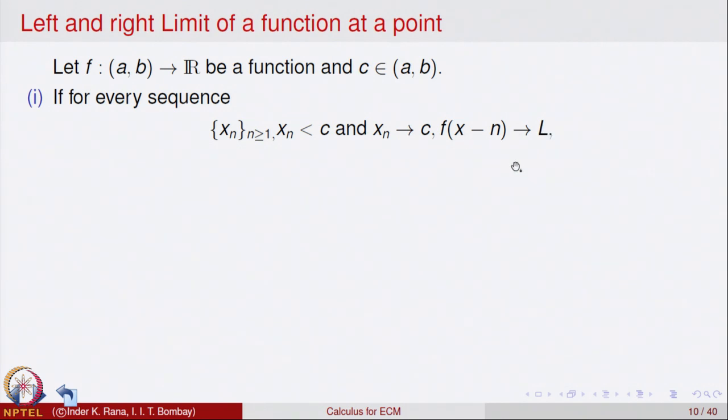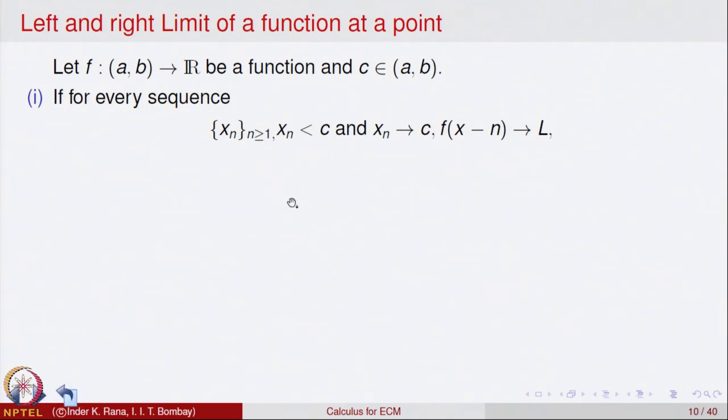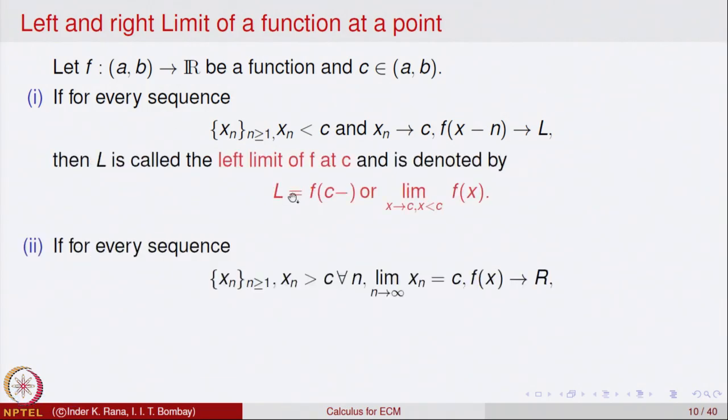If that happens, then we say that the function has a left limit at the point, denoted by L. So, if x_n less than C, x_n converges to C implies f of x_n converges to L, then we write that f has a left limit. As I mentioned, this is f of x_n, not x minus n.